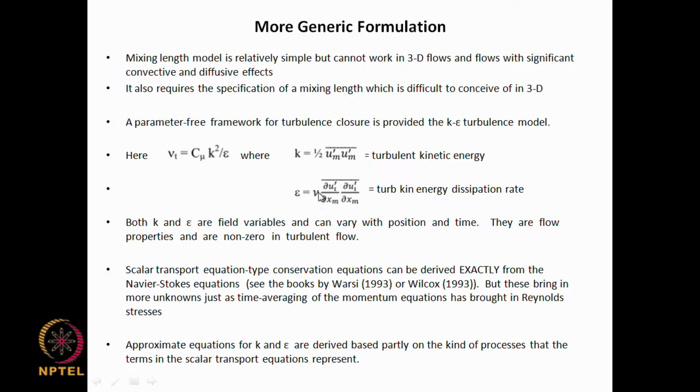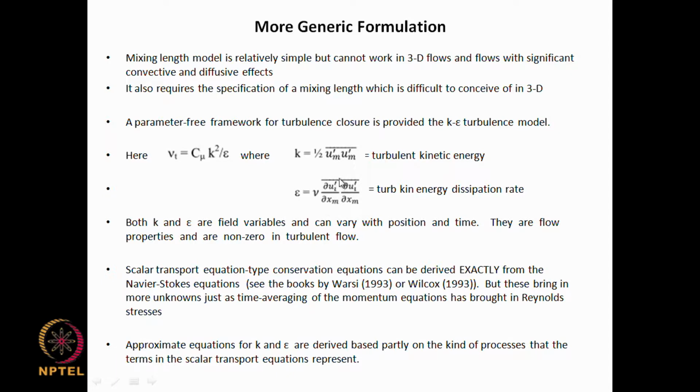So, you have fluid property like viscosity, but essentially this is the one which determines the level of turbulent dissipation rate. So, these are properties of the flow; the velocity gradients are created by the flow, and fluctuations are also created by the velocity gradients. So, all these things are properties of the flow and are non-zero in turbulent flow.